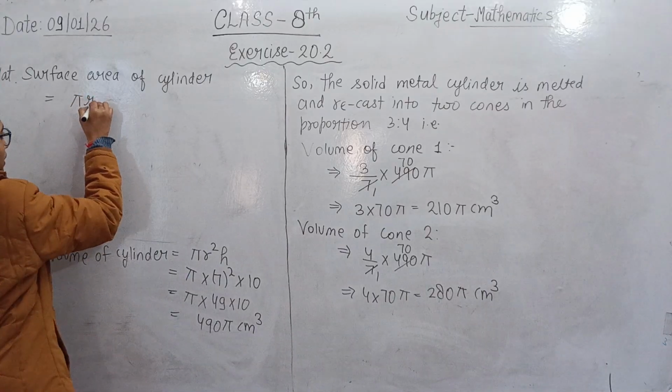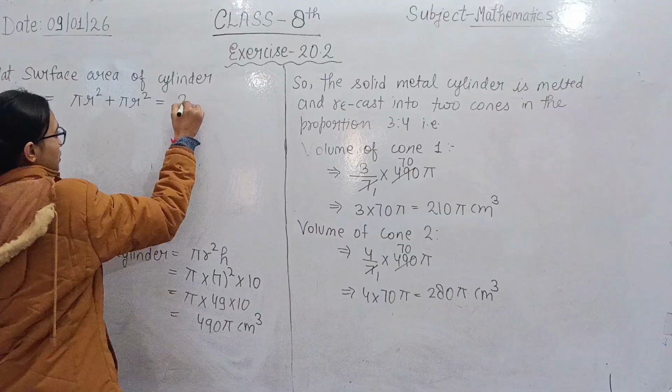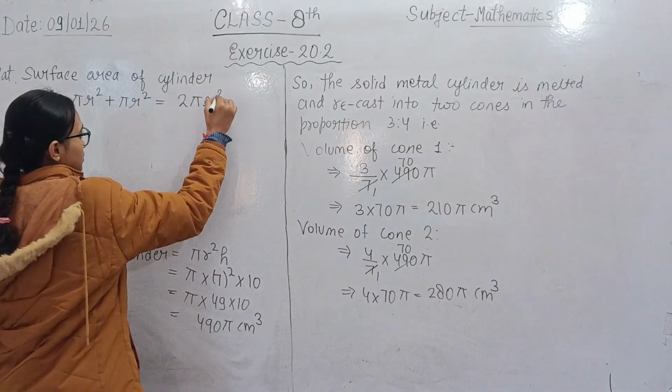So pi r square plus pi r square, it will be 2 pi r square.